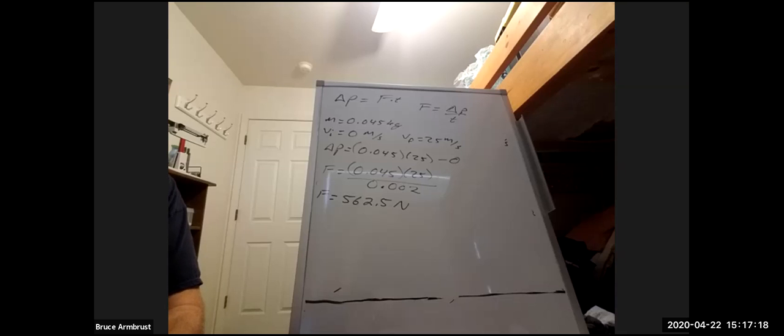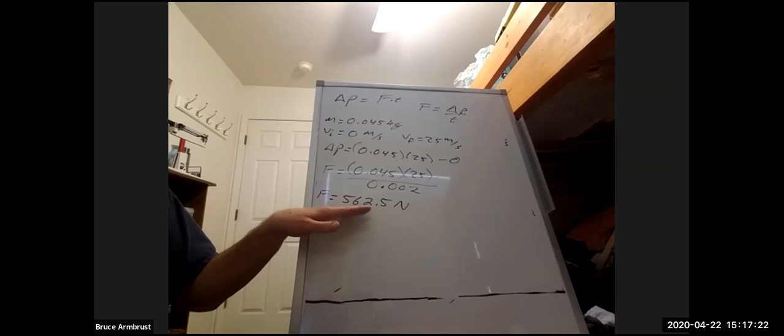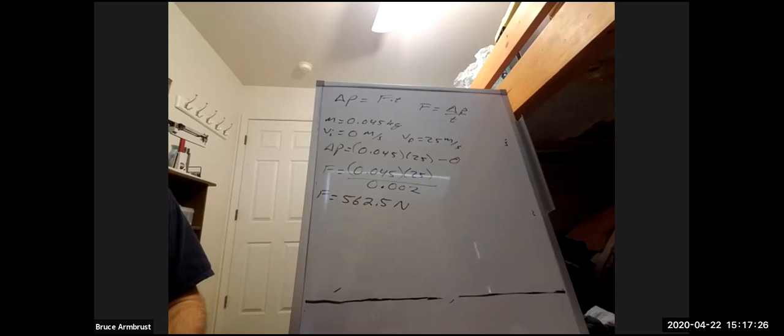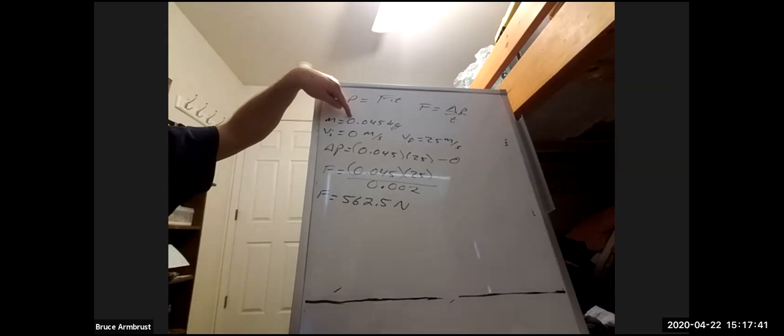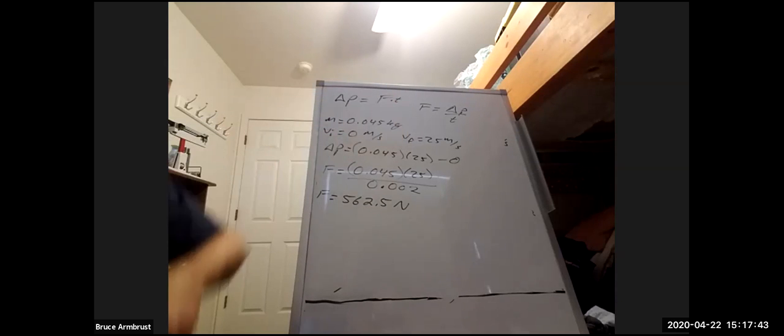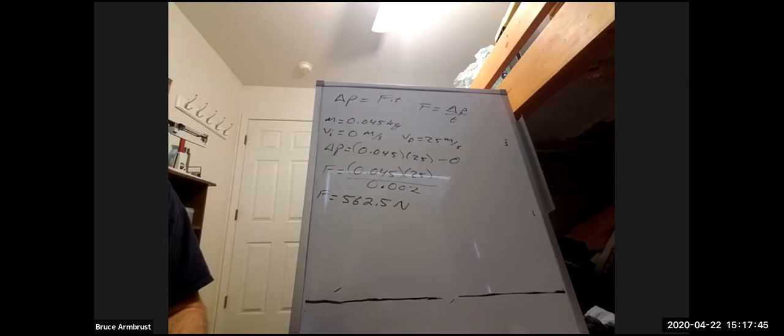It may start out stronger or weaker, and it may adjust, but on average, over that entire 2 milliseconds, we're supplying about 562.5 newtons. That's a lot of force. And I think these numbers are probably pretty reasonable in terms of the mass of a golf ball and the speeds that we can get. So it takes a lot of force to get these things going.